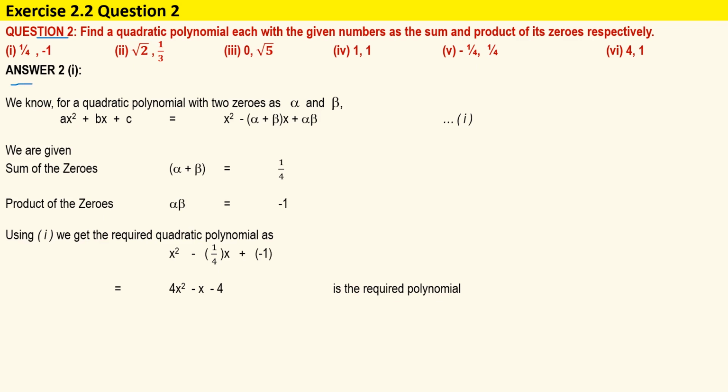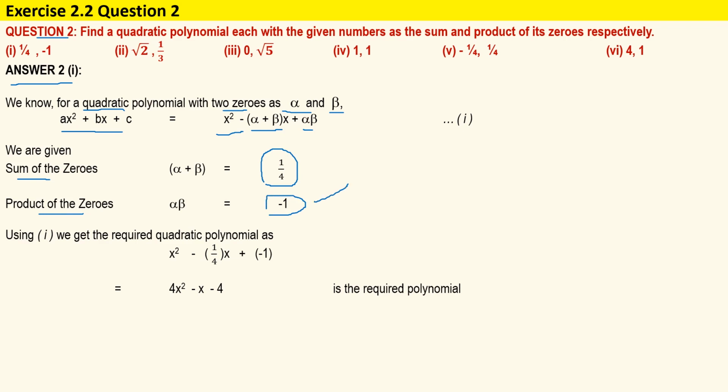Let's start with question number 2, part 1. We know that for a quadratic polynomial with two zeros alpha and beta, we can write ax square plus bx plus c is equal to x square minus alpha plus beta x plus alpha beta. And now we notice that what we are given here is that sum of the zeros is equal to 1 by 4 and the product of the zeros is minus 1.